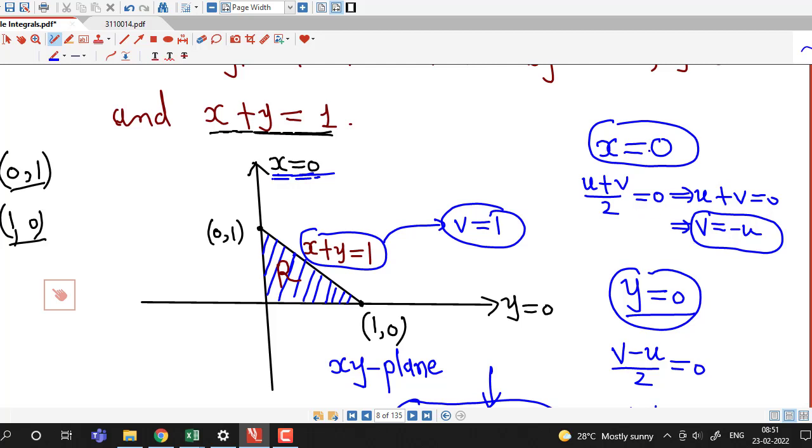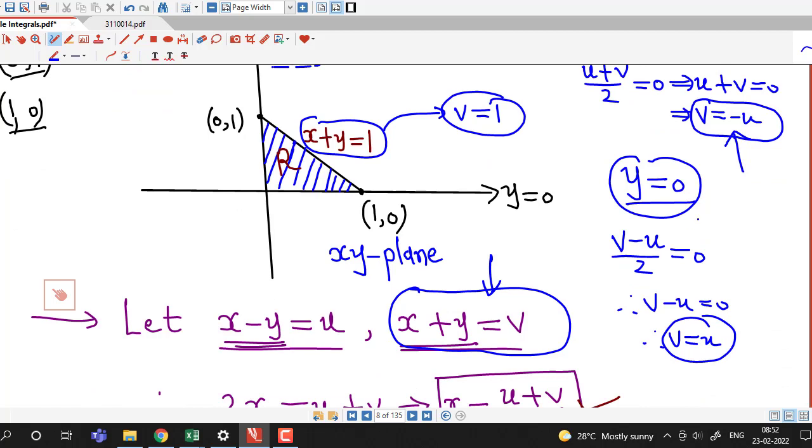First we have converted x equal to 0 by taking x equal to (u plus v) by 2, and we obtain that the line corresponding to this line in the uv plane is v equal to minus u. Similarly, y equal to 0 is converted into v equal to u, and x plus y equal to 1 is converted into v equal to 1.